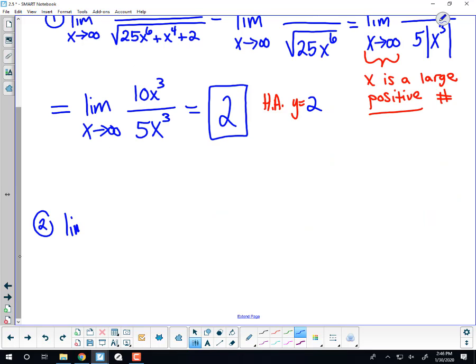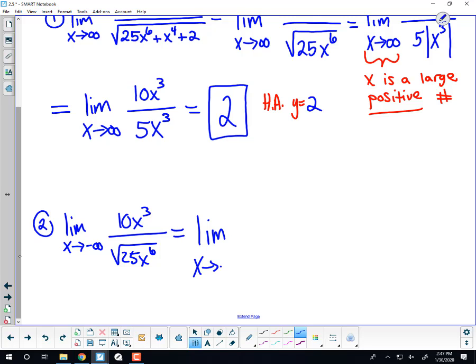Here's the other end. So is it okay that we just take it back to where we did leading term over leading term? Just to save us up. And again, we'll simplify this the same way. That's the limit as x approaches negative infinity.